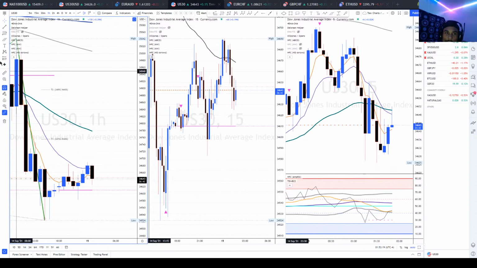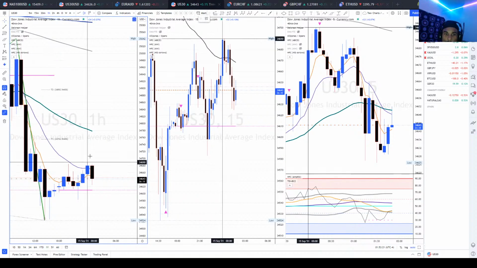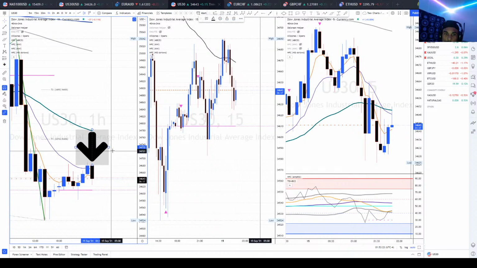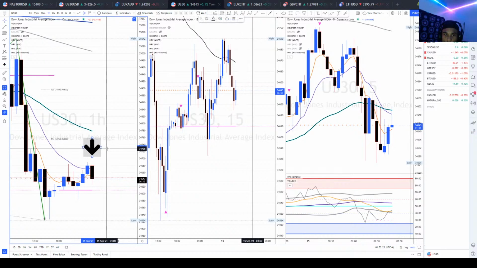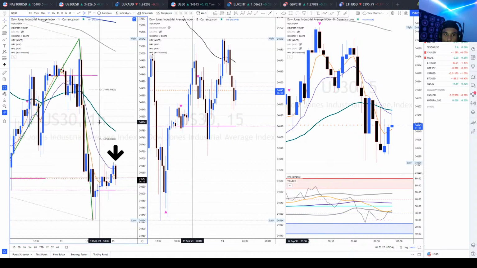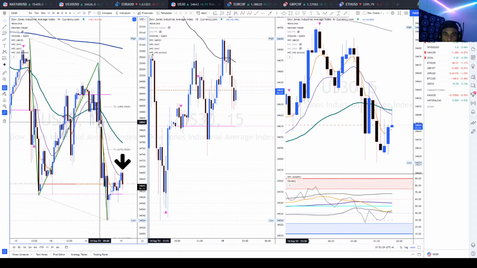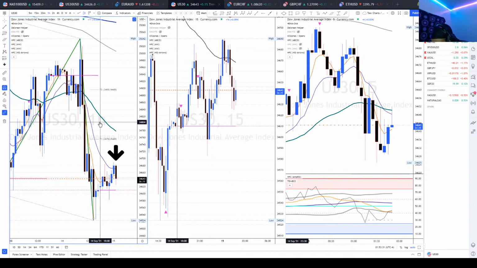So if you look in the hourly time frame, we have a bearish candle. In today's class, we're going to go over multi-time frame confluence. And this is an ABCD pattern. I was about to say this is not a harmonic pattern, but it is. It's an ABCD pattern that 100% counts.